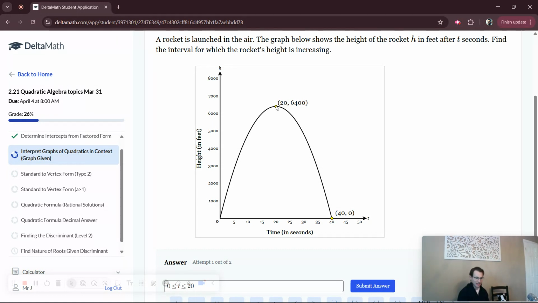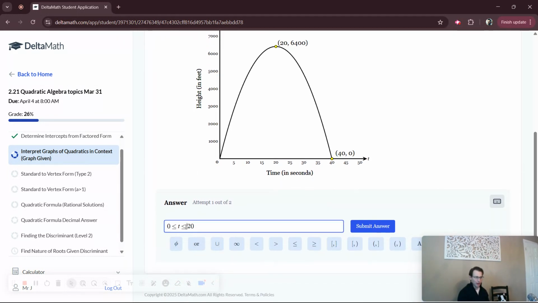I wonder if they might prefer that at 20 seconds it's no longer increasing. It's not increasing, nor is it decreasing. It's just its motionless instant, and then it comes down again. So t is all the values greater than or equal to 0 and less than 20.